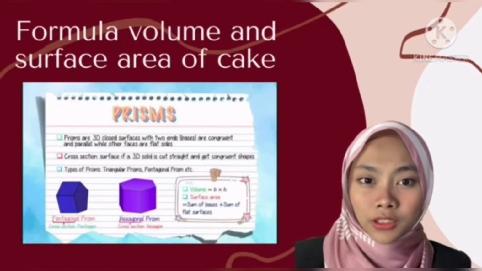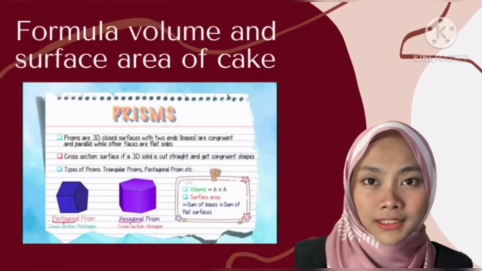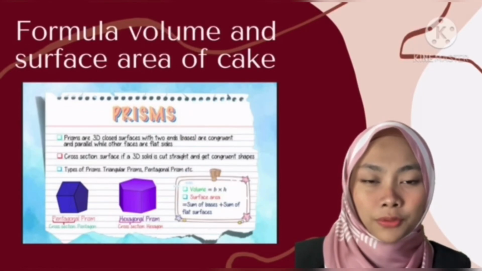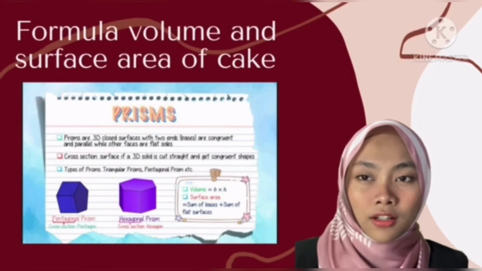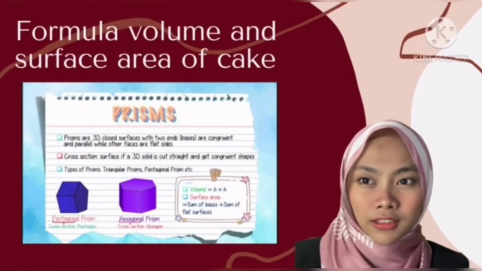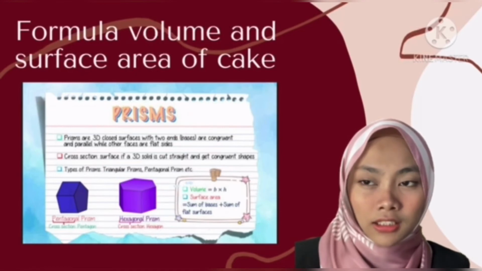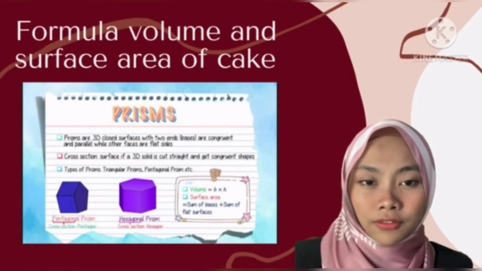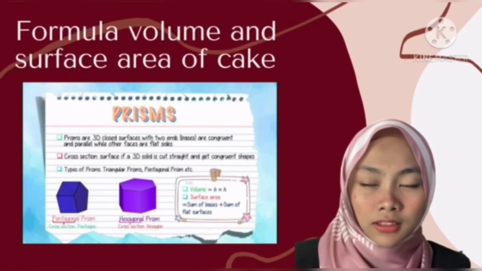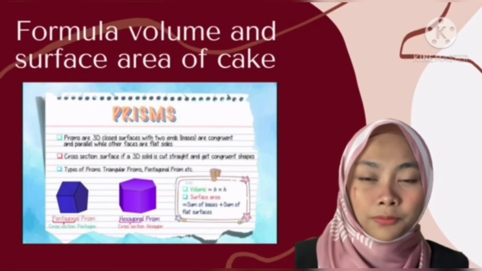For the formula of volume and surface area, we use the square formulas as the shape of the cake is a square. The volume formula is Bh, B for the area of the base and h for the height of the cake. The surface area is the sum of the areas of the bases plus the sum of the areas of the flat surfaces.